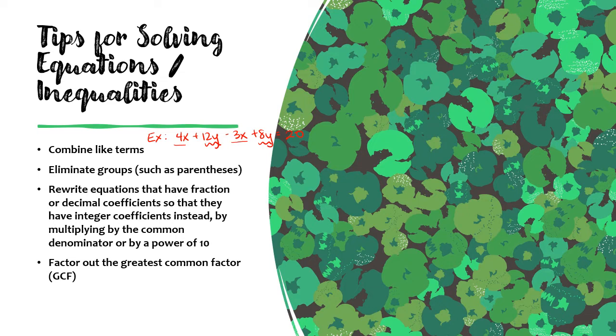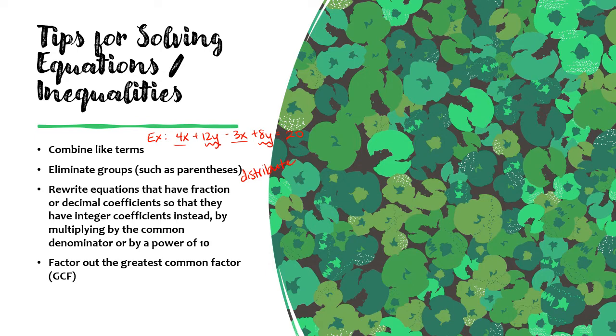Okay, oftentimes we also want to eliminate groups, like eliminate parentheses, or if we've got brackets going on, things like that. This often translates to distribute. Use the distributive property. Maybe I'll jot that down here. Distribute.